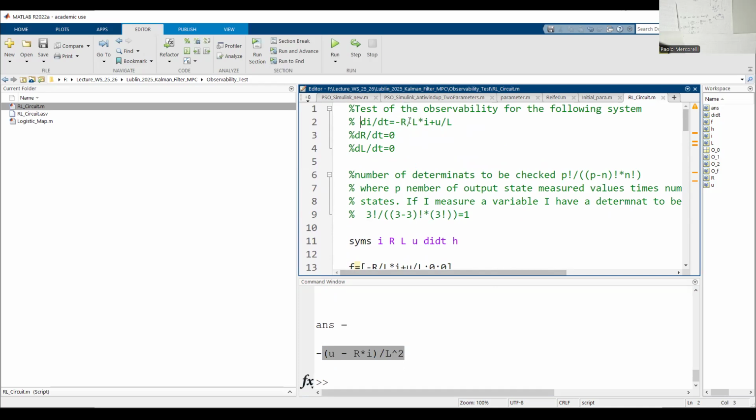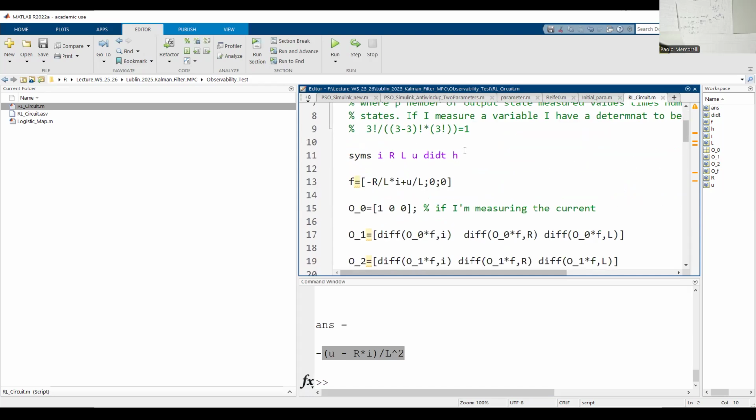Here it's quite similar, but the condition is on I. The condition is on I, because if this is zero, I cannot observe R, because R is annihilated by the variable which is zero.